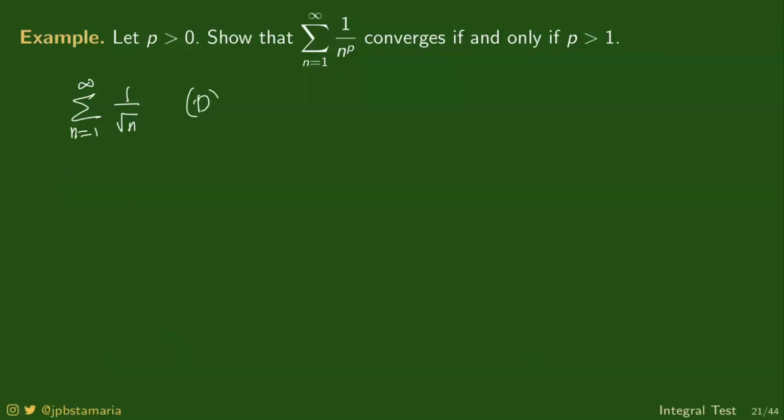Divergent, because your p is 1/2, which is not greater than 1. Another example: summation n from 1 to infinity of 1 over the square root of n times the square root of n. Convergent or divergent?